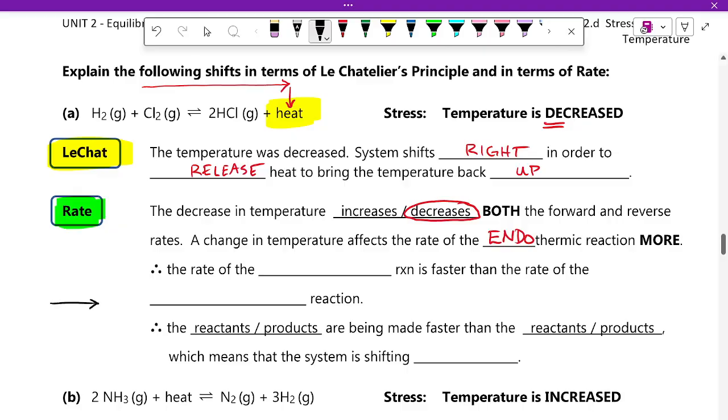Endo is going backwards. So let's assume that was our original state. And then when we decrease temperature, this is exo, this is endo. My endo decreases more.